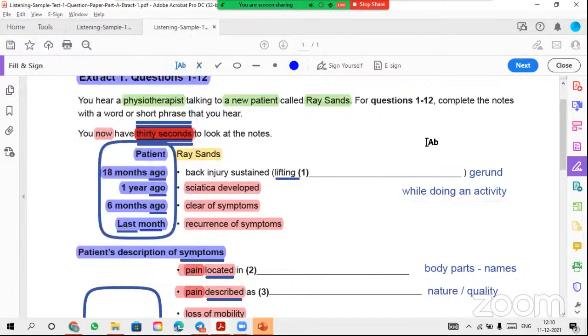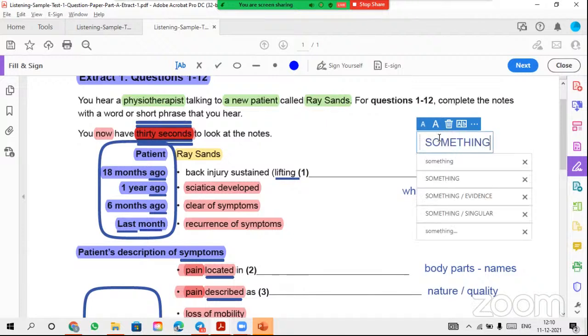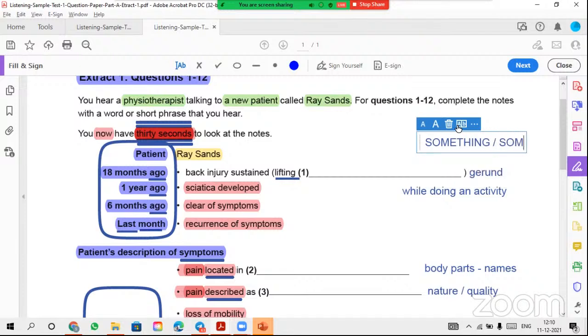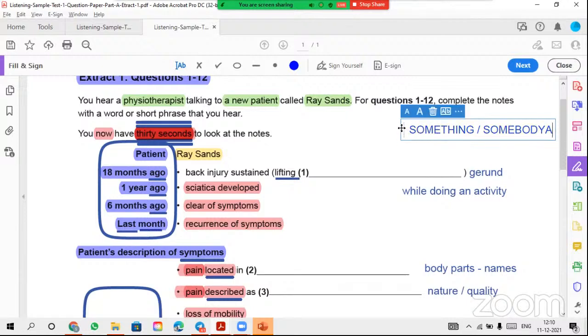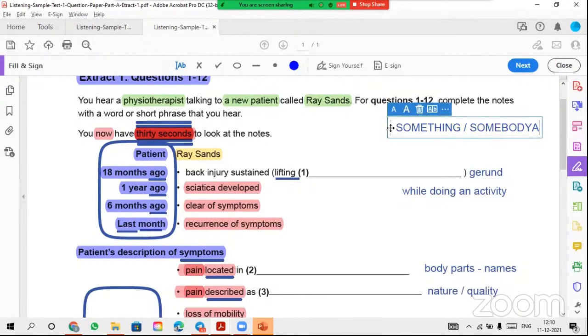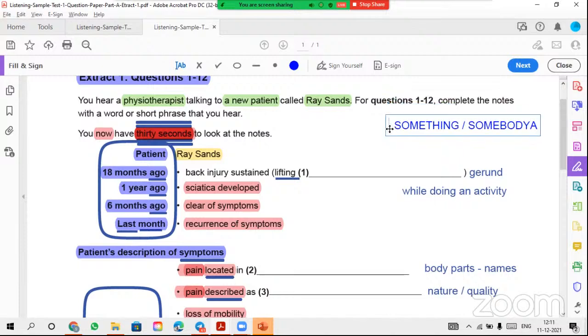So guess, lifting something. This may be something or somebody. Lifting a child, lifting a boy, lifting a girl, lifting a son, lifting a daughter, lifting a neighbor, lifting a baby, anything it may be.